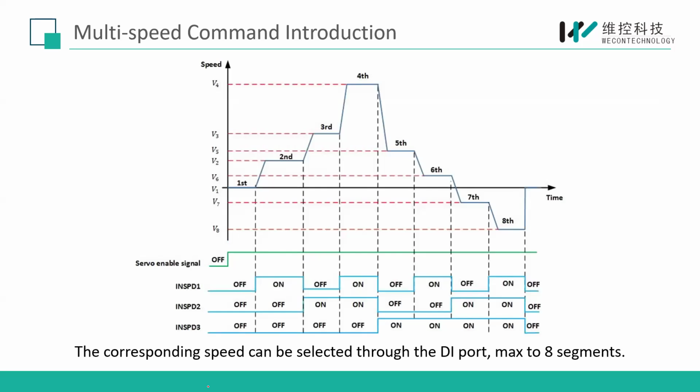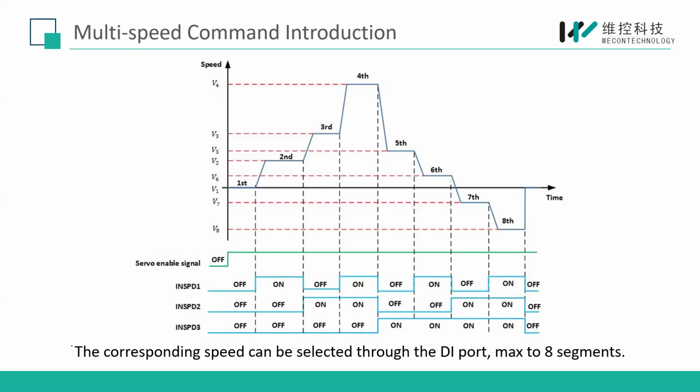And look at this picture. The first to the eighth speed correspond to the DI terminal setting. This picture means the corresponding speed can be selected through the DI port.